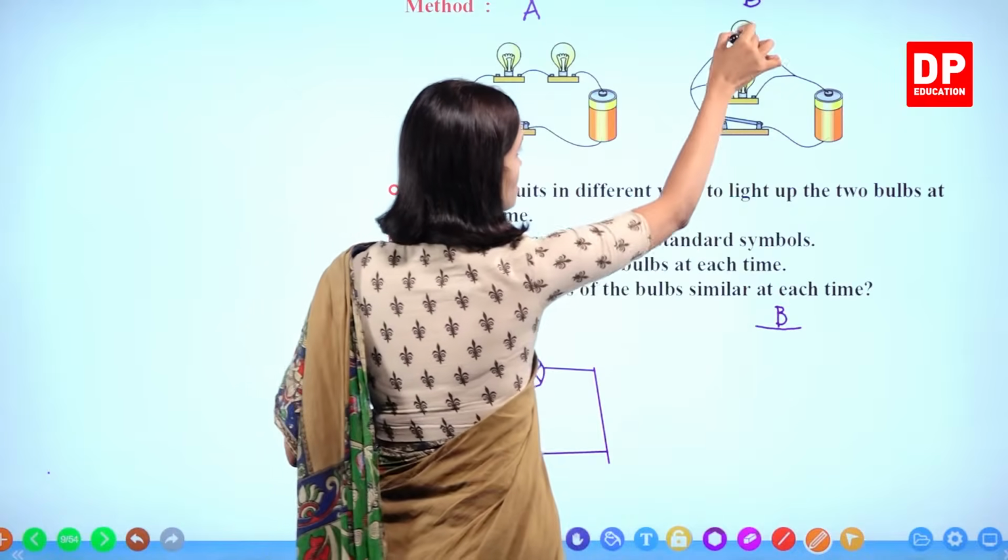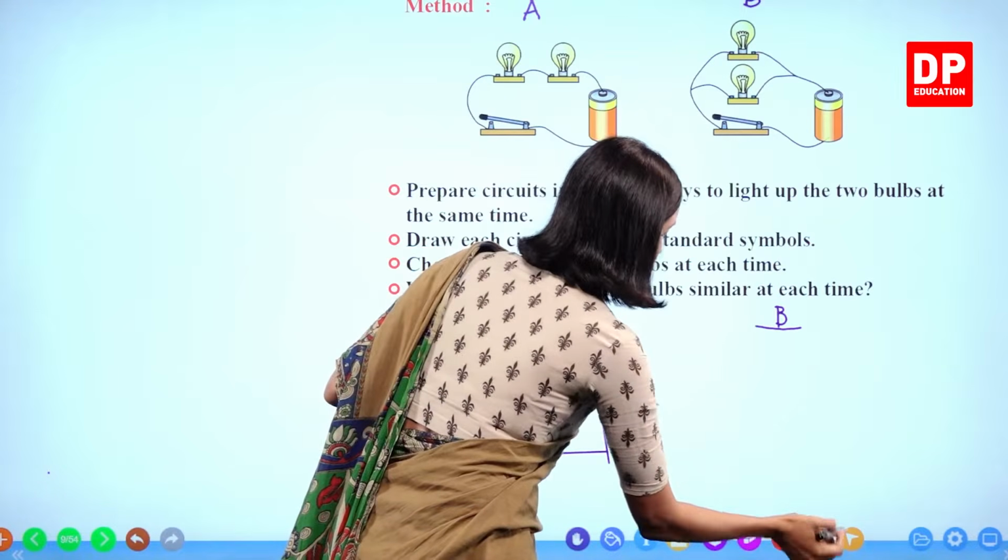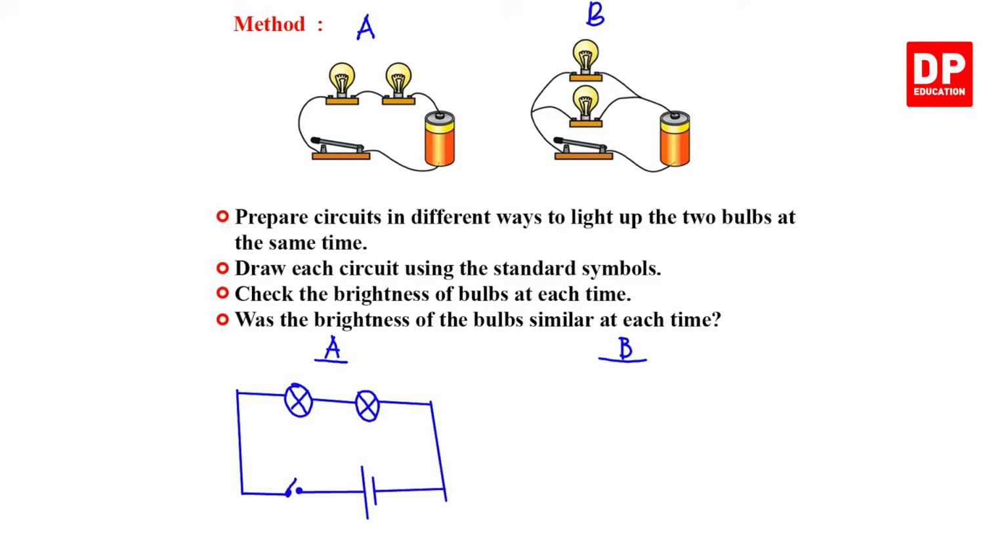We all know the bulbs are parallel to each other. The two bulbs are parallel to each other.